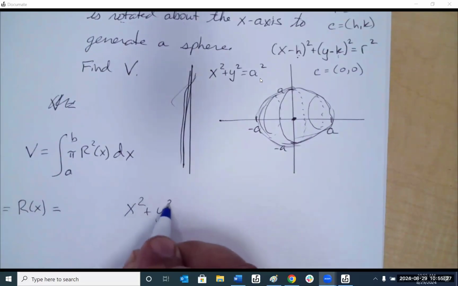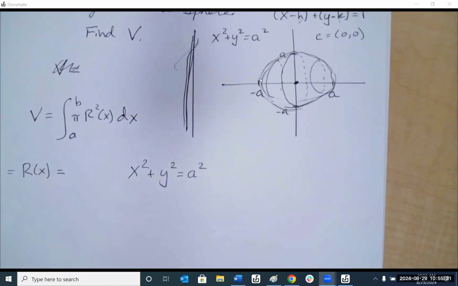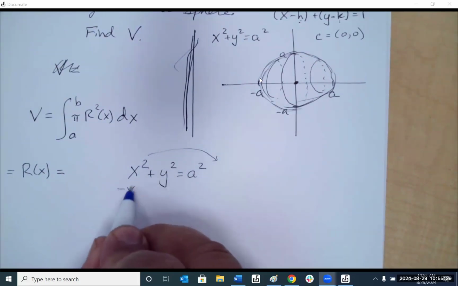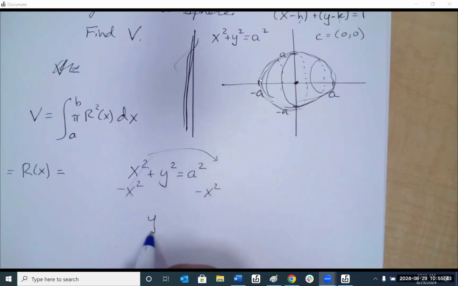X squared plus y squared equals a squared. Solve for y. Move that one over there. So we have y squared equals a squared minus x squared.